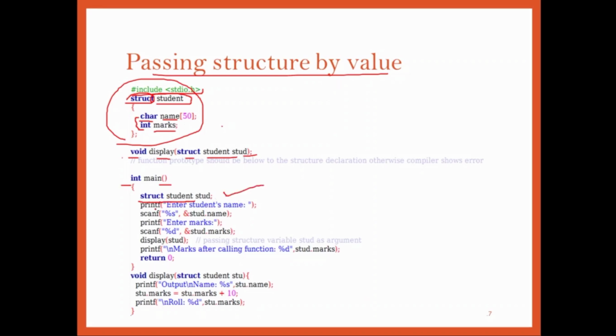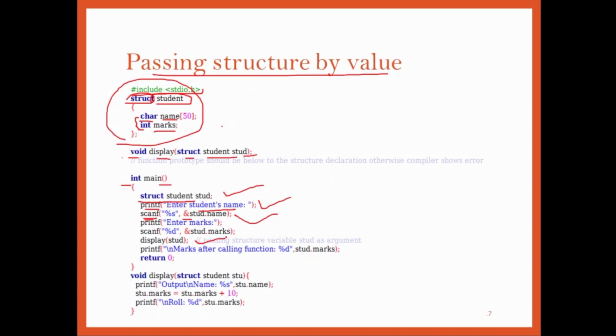Using the printf function we display the message on the output screen, enter the student name. Then scanf percent s ampersand stud dot name; here we use the dot operator to access the field name. Then printf enter the marks, then scanf percent d ampersand stud dot marks.